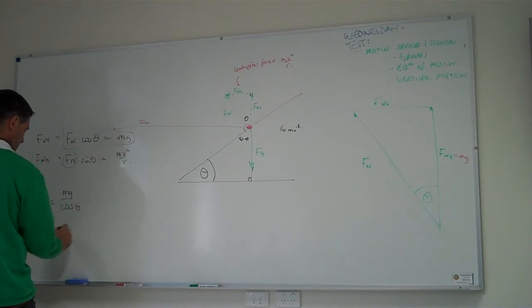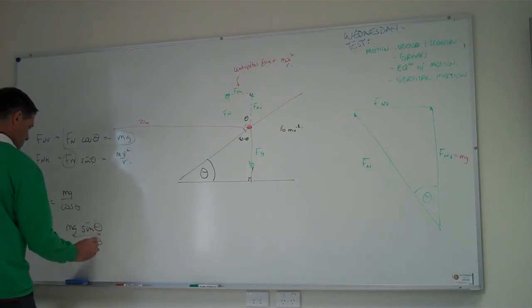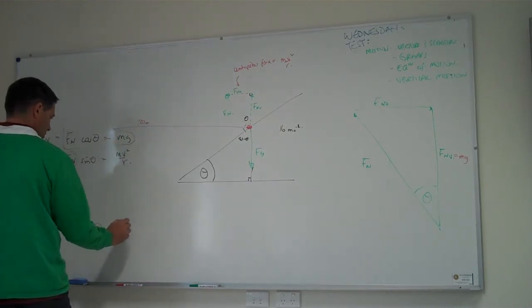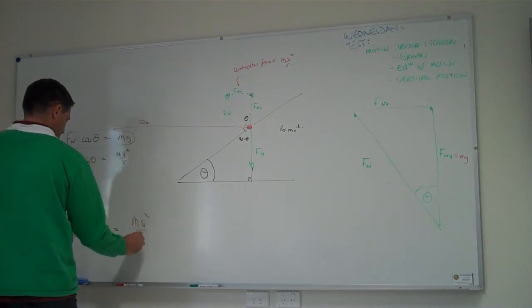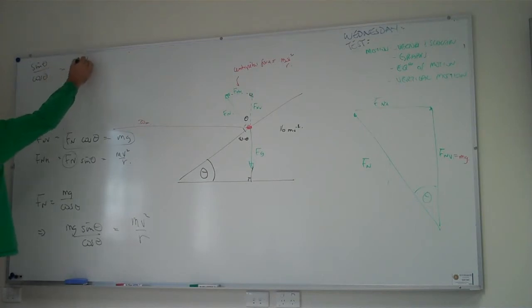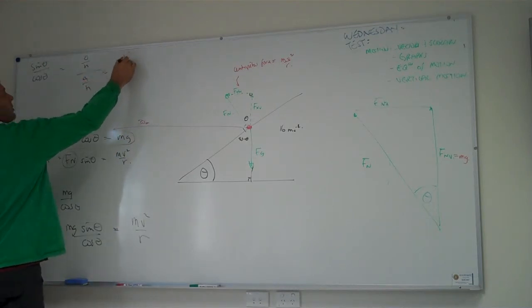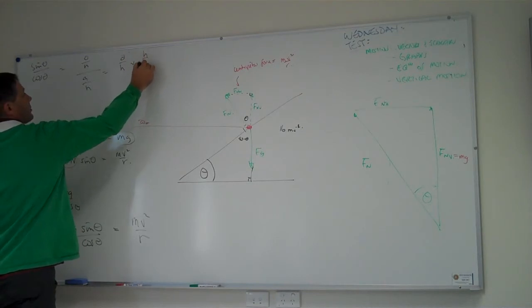So, therefore, mg sine theta on cos theta equals mv squared on r. And we know that sine theta on cos theta is the same as opposite on hypotenuse all over adjacent on hypotenuse, which equals opposite on hypotenuse multiplied by hypotenuse on adjacent.